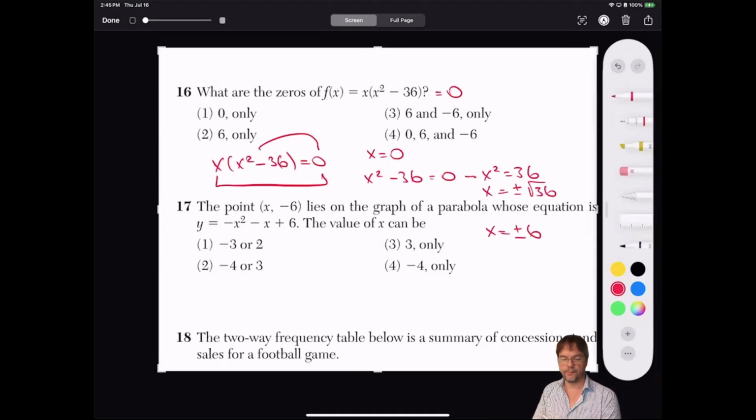Is that okay? So it'll be number 4: 0, 6, and minus 6. If I put here 0, this will be 0. If I put here plus 6, it will be 0. If I put here minus 6, it will be 0. Is that okay? So they are solutions for this function in terms of zeros. Okay?